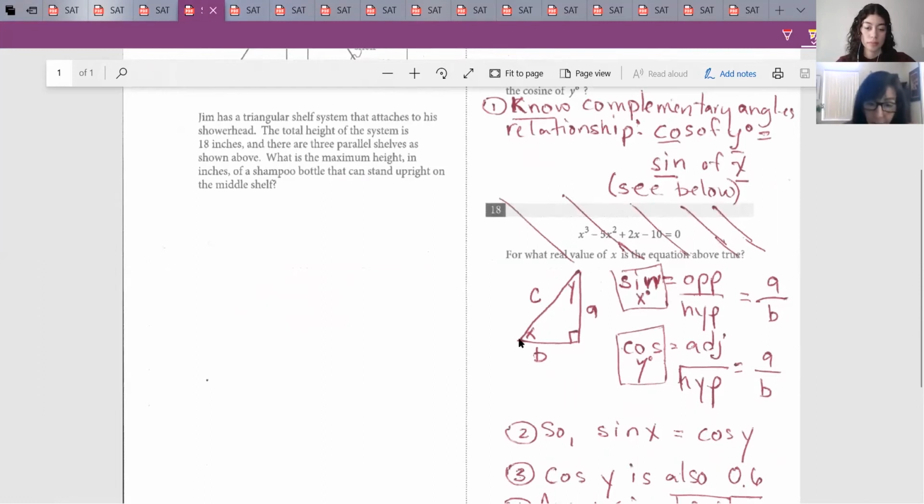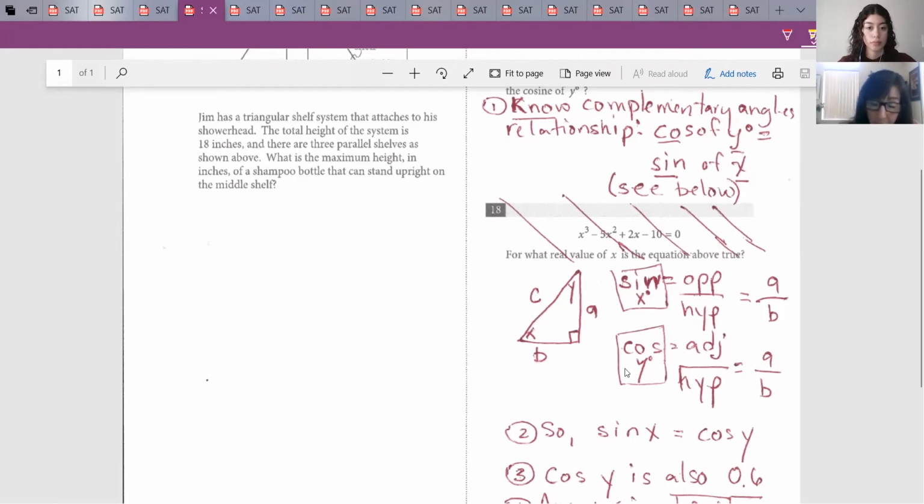So you have A, B, and C. The sine of x is opposite over hypotenuse, which is A over C, not A over B. I labeled it wrong.